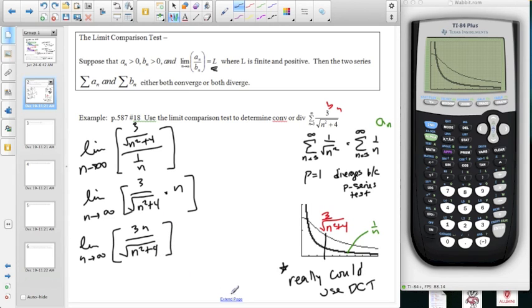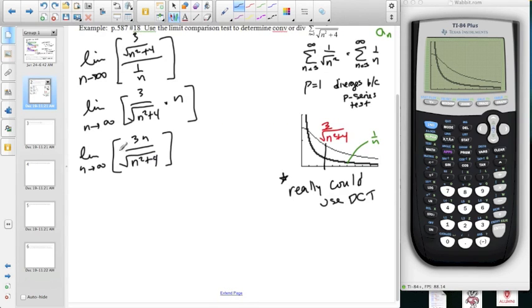And that's indeterminate, so we have to do something. L'Hopital's would be okay, but I'm not really a fan of differentiating this. So I am going to use something used at the beginning of the year, and that is divide by highest power of n.